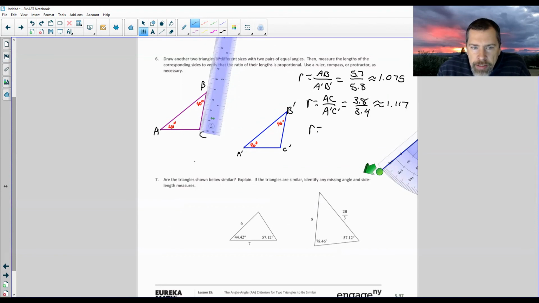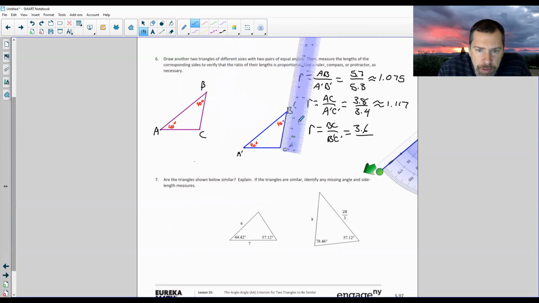So R has to equal BC divided by B prime C prime, and BC is 3.6 divided by, and then I bring the C prime B prime measurement into this, and it's 3.4. 3.6 divided by 3.4 is 1.058, approximately.